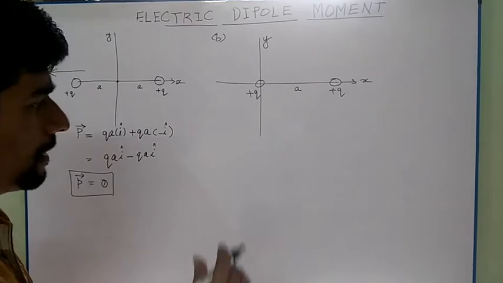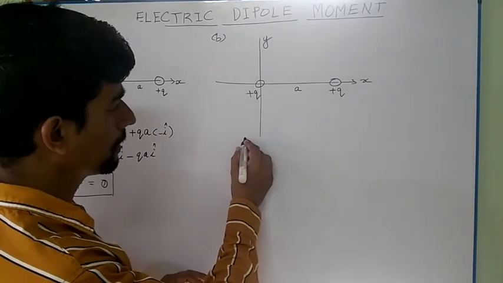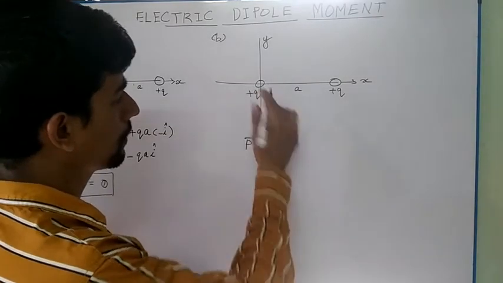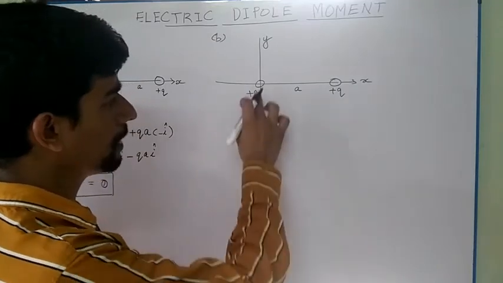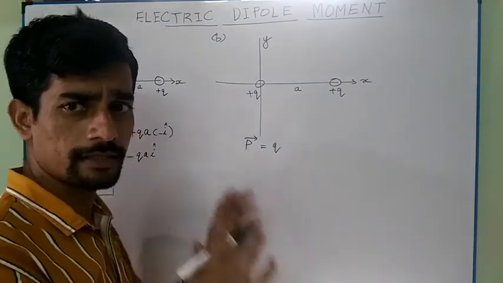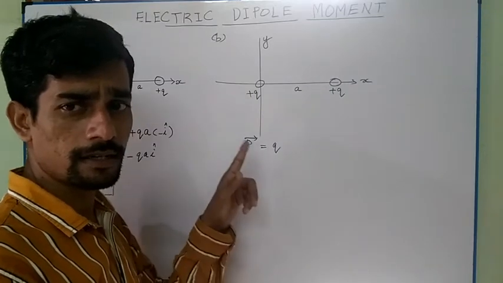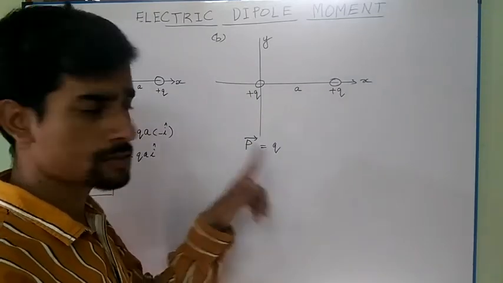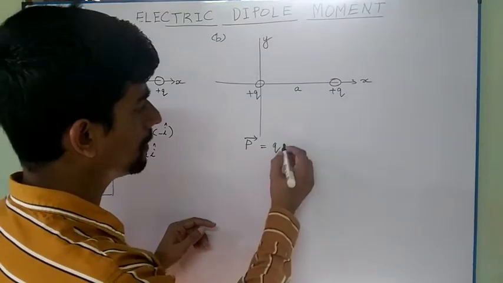So what is the dipole moment? P vector is equal to q into what is the distance? Since the charge is placed at the origin itself, the position vector is equal to 0.